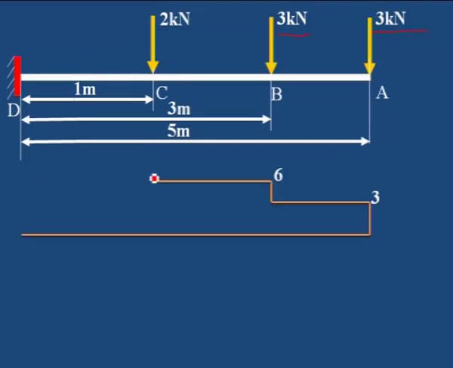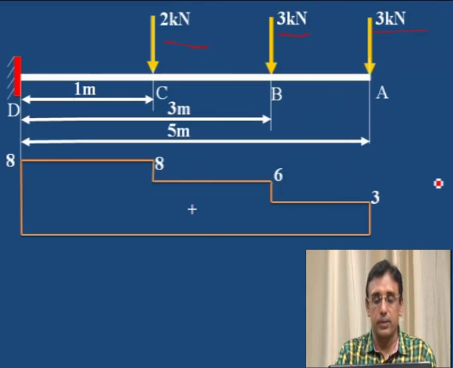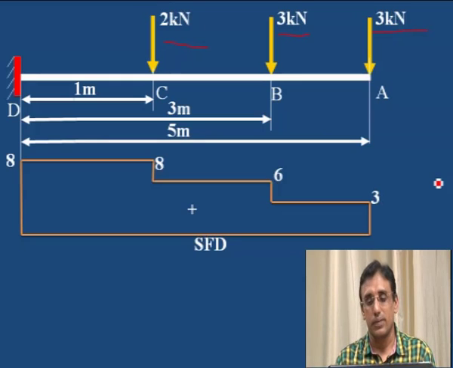Again here one more vertical line we have to draw because a point load is there. What is the value of this vertical line? It should be equal to 2, that is 6 plus 2, 8, and then draw a horizontal line because no load is added, shear force remains constant. Close the polygon. This is the shear force diagram. Here 1, 2, 3 steps are there because 3 point loads are acting.